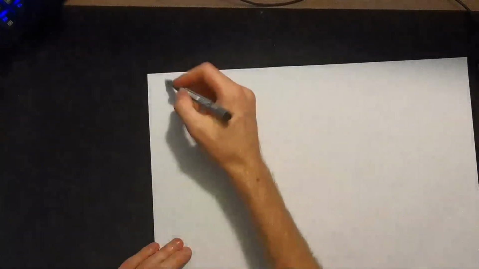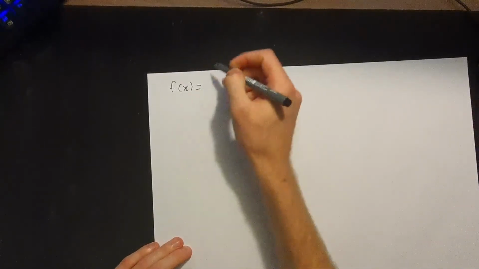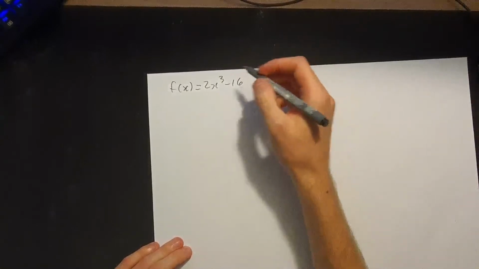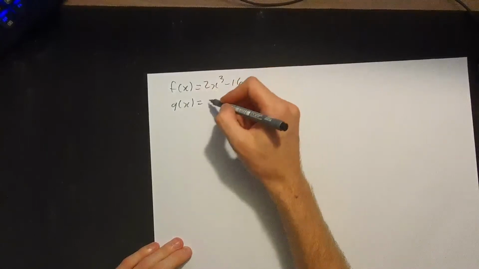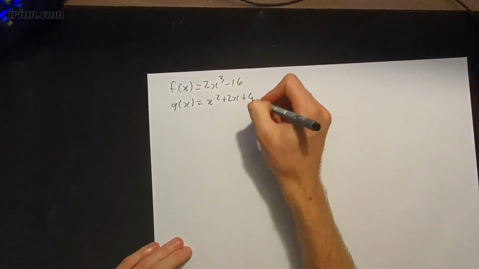Okay, so this is the question. They give you that f of x equals 2x cubed minus 16. They give you that g of x equals x squared plus 2x plus 4.